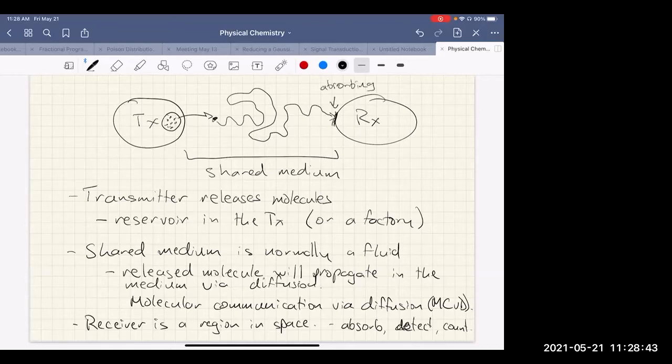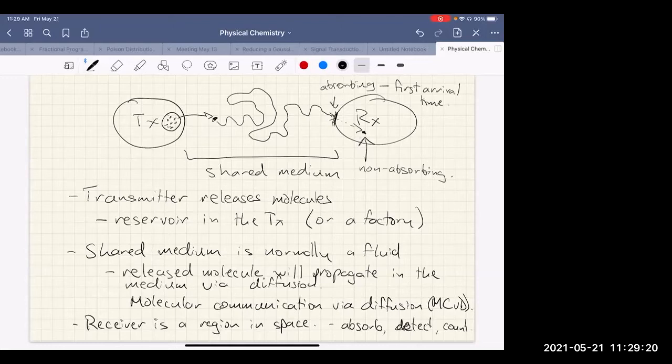And we talk about an absorbing receiver. On the other hand, it could be non-absorbing. The molecule could continue inside the receiver. And you can imagine the differences between these two types of receiver. For an absorbing receiver, the most important thing is first arrival time. In other words, the time at which it arrives on the surface.